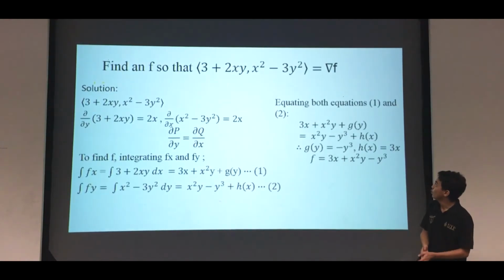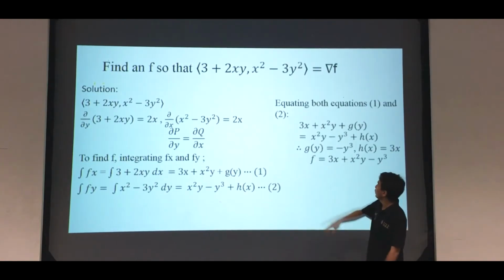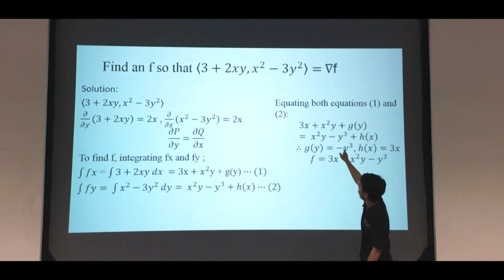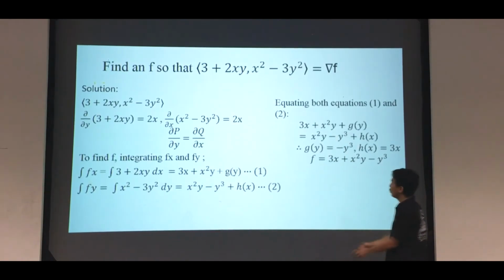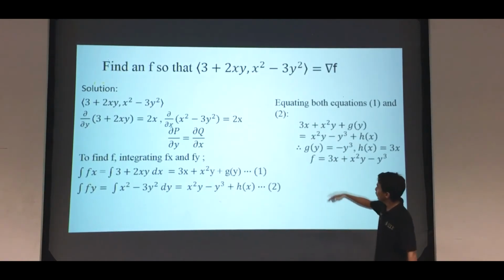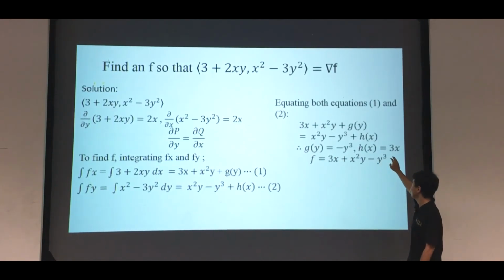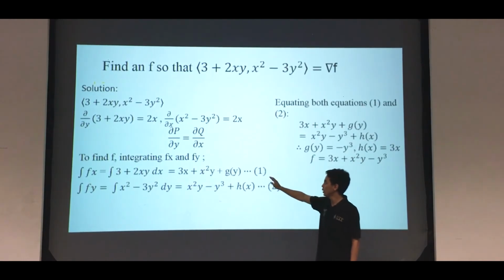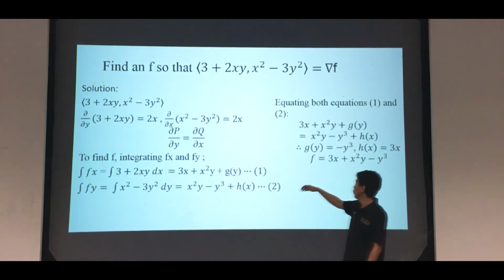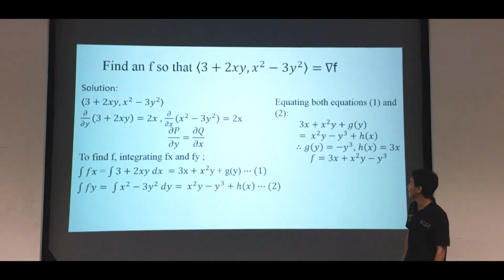After that, equating both equation 1 and equation 2, we can cancel x squared y on both sides and compare both equations. We will get g(y) equals negative y cubed and h(x) equals 3x. For g(y) and h(x), we substitute back into equation 1 and equation 2. We'll get the final answer f equals 3x plus x squared y minus y cubed.